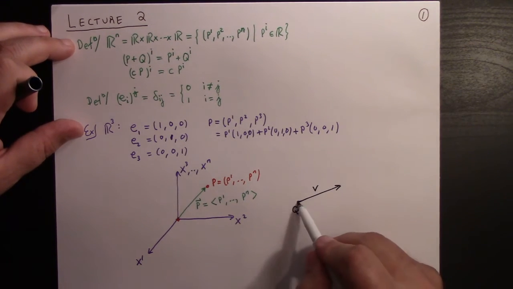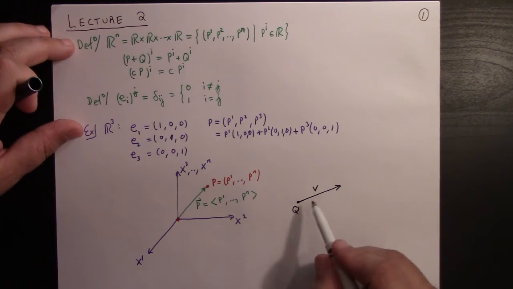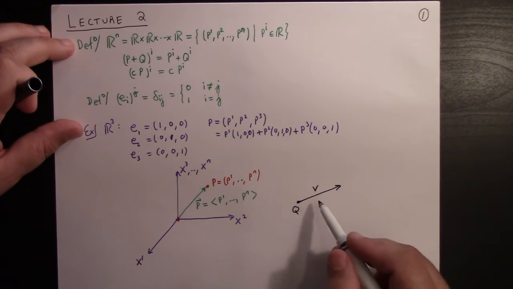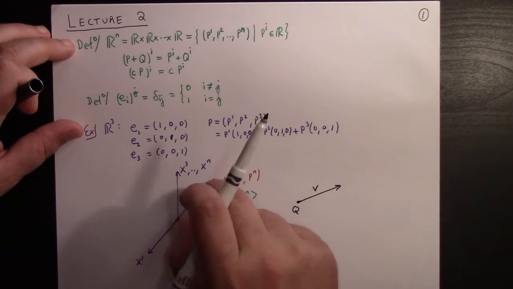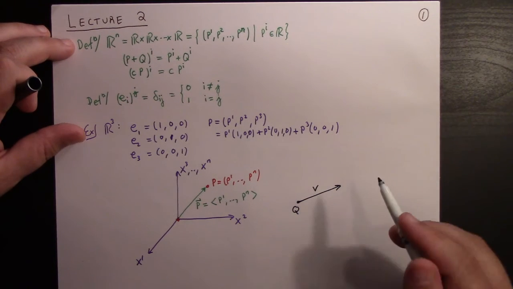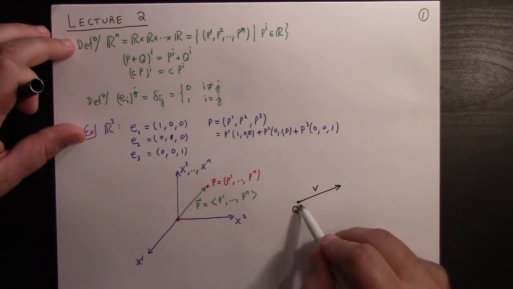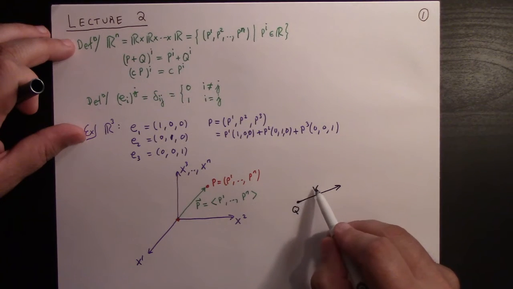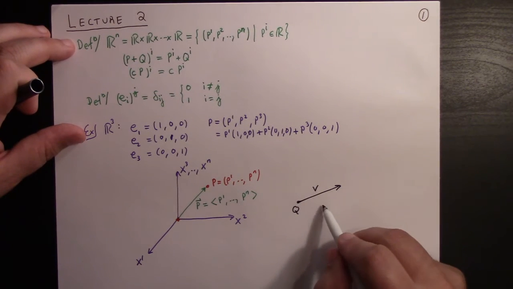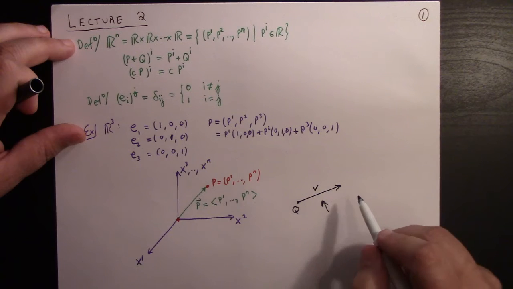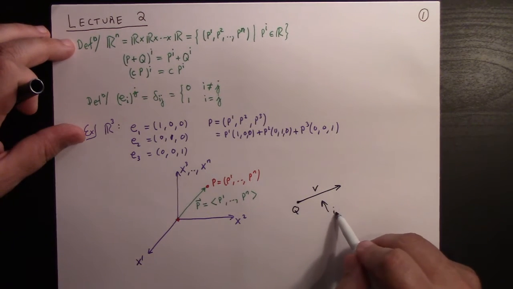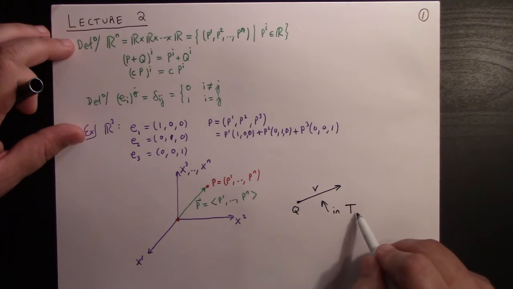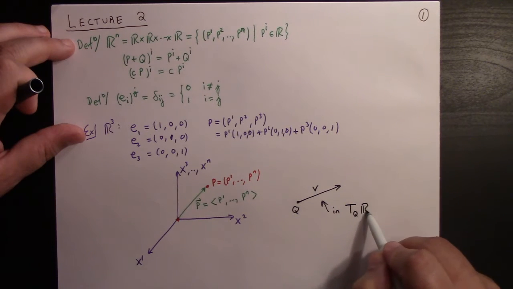Then you'd like to have some kind of idea that encapsulates this. What does it mean to have a vector sitting out here? What if the vector isn't attached to the origin? Well, what we say is that a vector like this that's attached to the point q and has vector v, we'd say that this is in the tangent space of q. So we call that T_q of R^n.